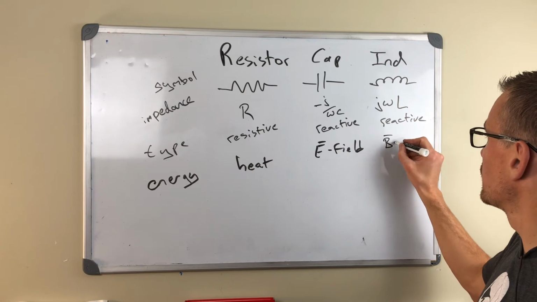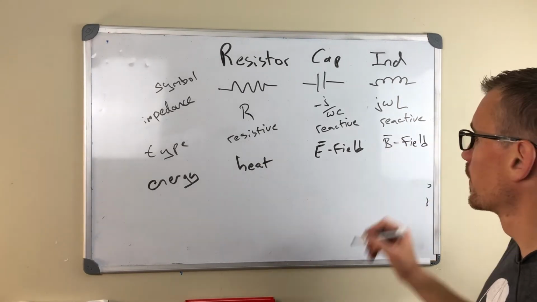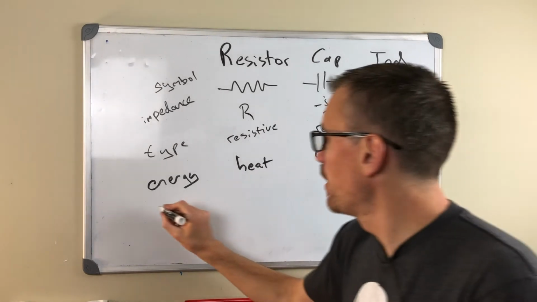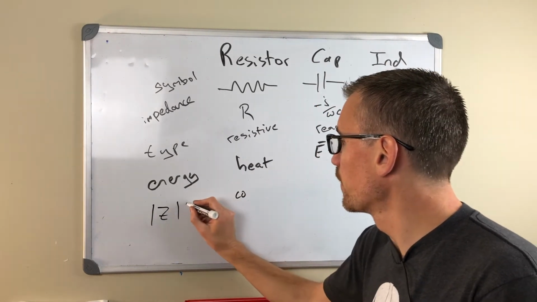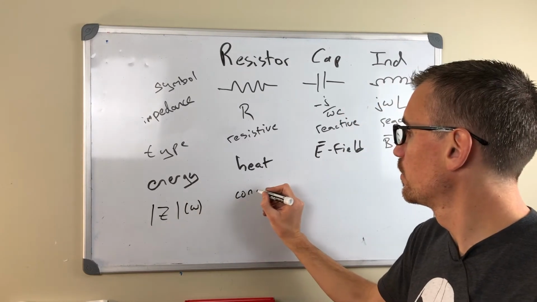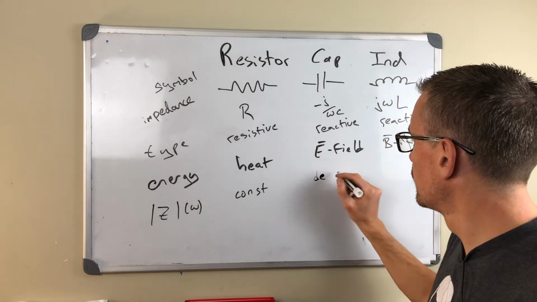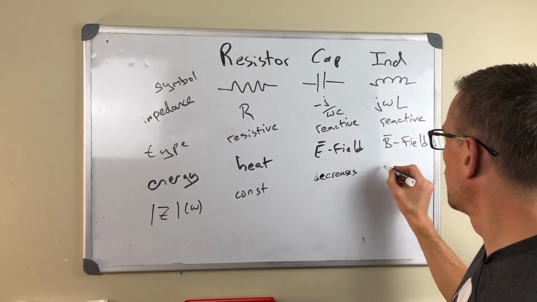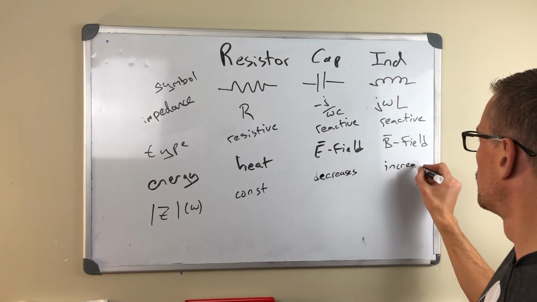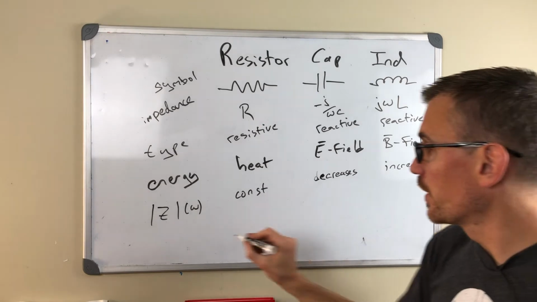The energy goes into and out of the magnetic field. And the magnitude of the impedance was constant for the resistor. For the capacitor, it decreases with frequency. And it increases for the inductor.